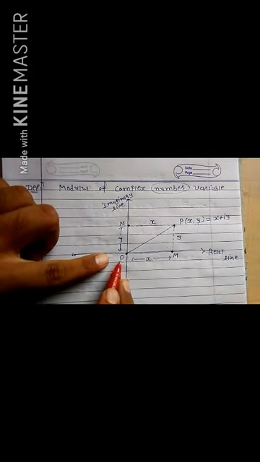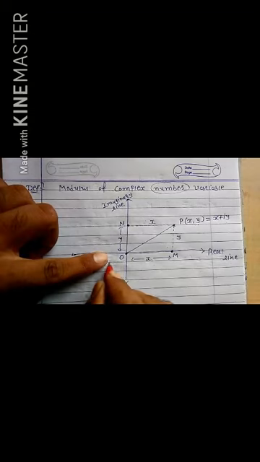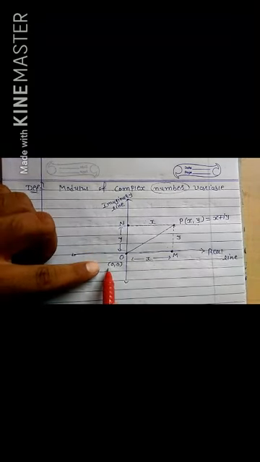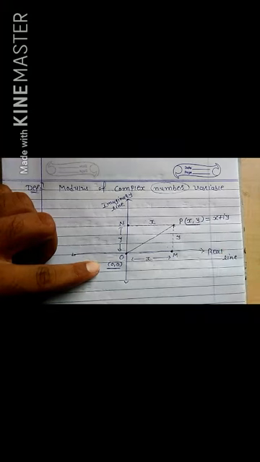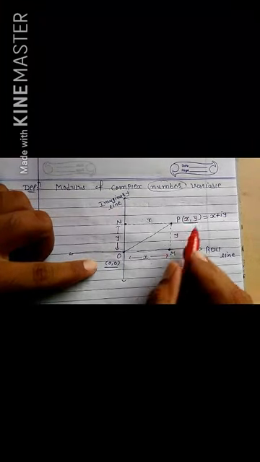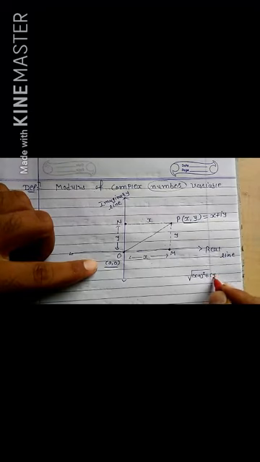Coordinate of O: here O is the origin, so the coordinates are 0, 0. What is the distance from the origin to point P (x, y)? It is the square root of (x minus 0) square plus (y minus 0) square. x minus 0 is x, so here x square plus y square.